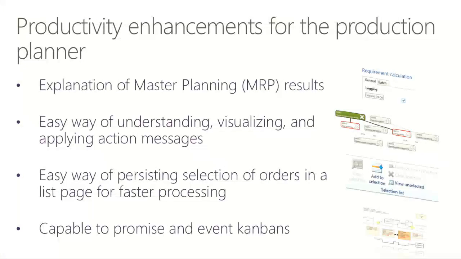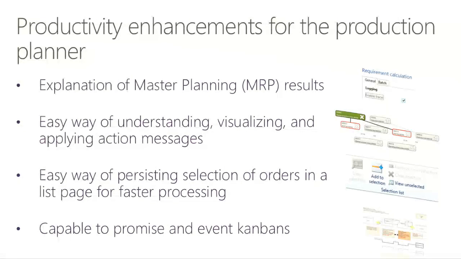The next thing is an easy way to understand and visualize and even apply action messages. Action messages, let's wind back a bit. What is that? Action messages are the system messages telling you how you can actually optimize your supply schedule.